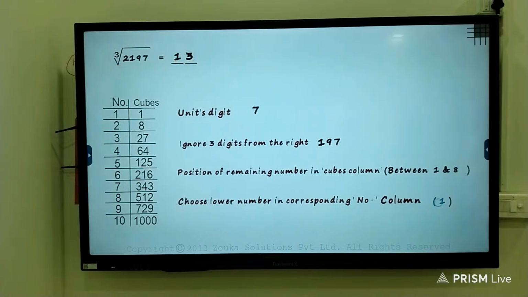Remember, we always choose numbers from the first column, which is the numbers column, to write the digits of our answer. 3 was chosen from here and 1 was chosen from here. This looks really long at the first look, but with practice, trust me, you'll be able to solve it in 5 seconds. Now let's solve another problem so that you understand better.